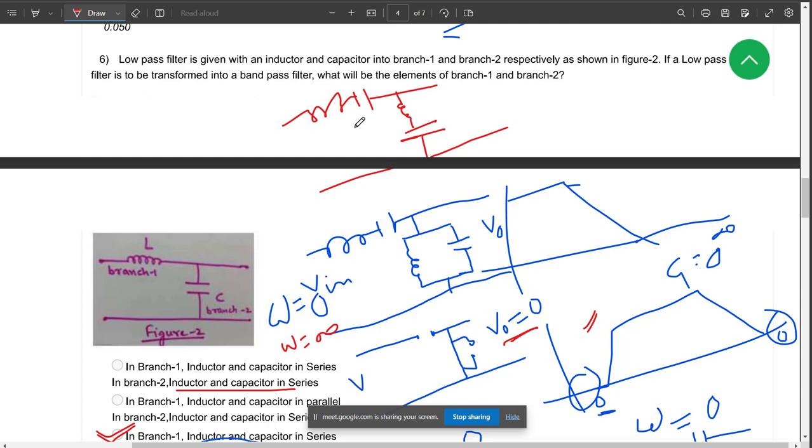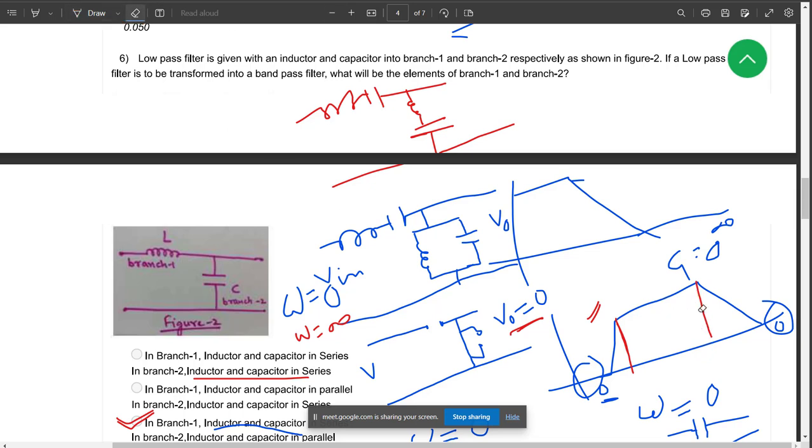Could I make a point here? Go ahead. But at a certain frequency, it must allow that point also.